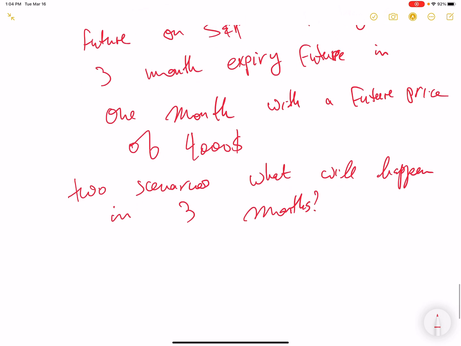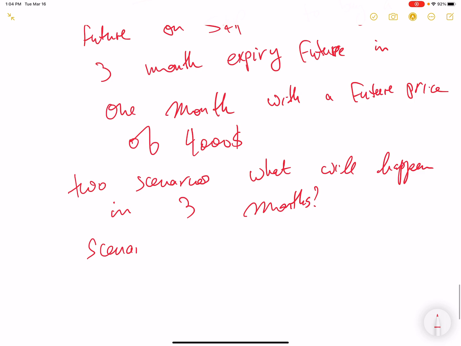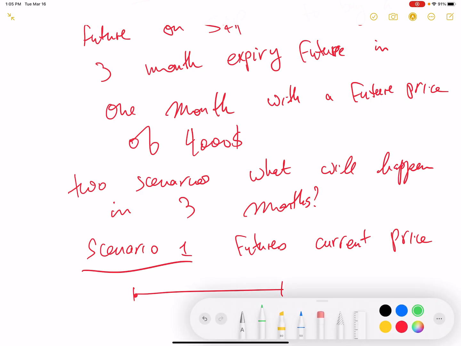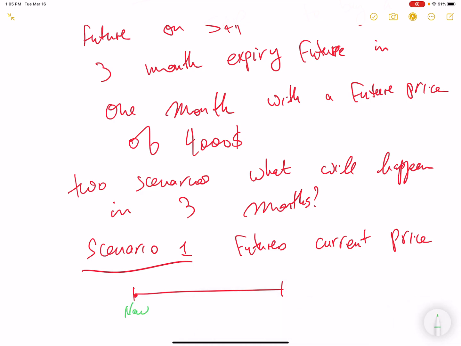So scenario 1 is when you have the futures current price in 3 months. So we are looking in 1 month. So we're looking at this situation. Here it's now. This is option expiry.